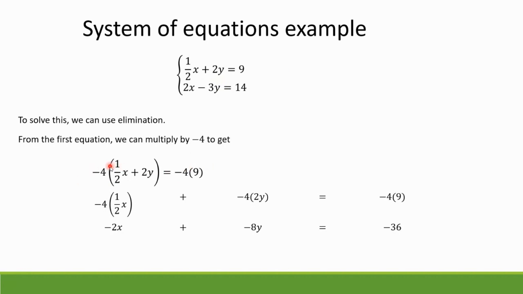After we distribute, we get -4 times 1 over 2 times x plus -4 times 2y is -4 times 9.